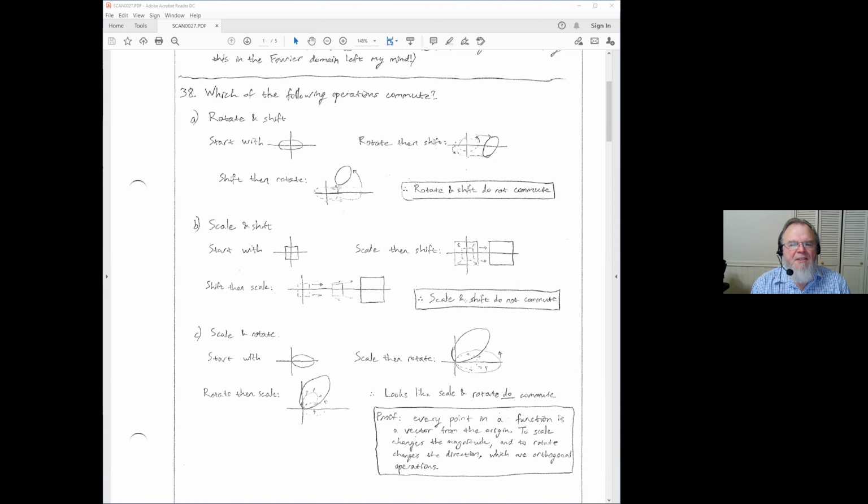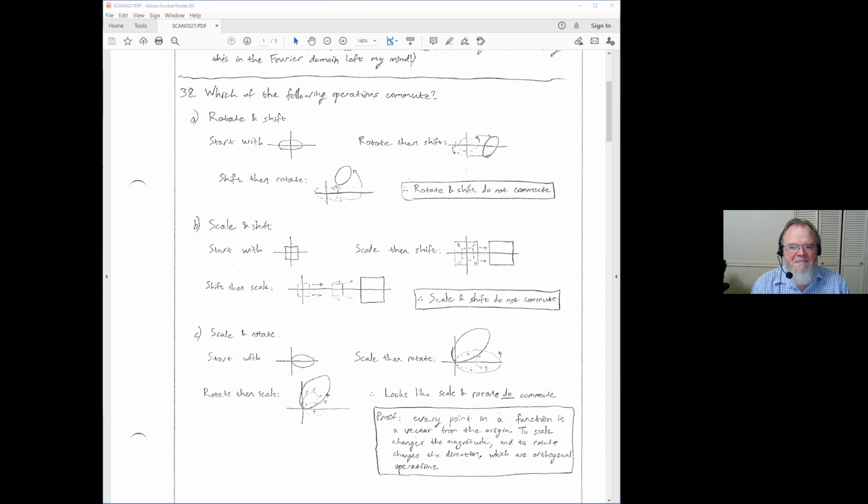Okay, scale and rotate. Yeah, so start with an off-center ellipse. Scale, make it bigger, and then rotate like 45 degrees counterclockwise, or rotate and then scale.